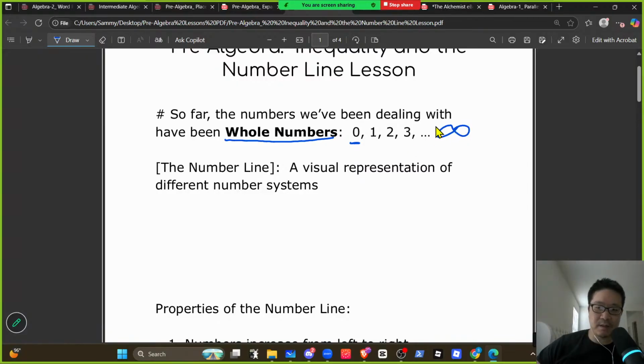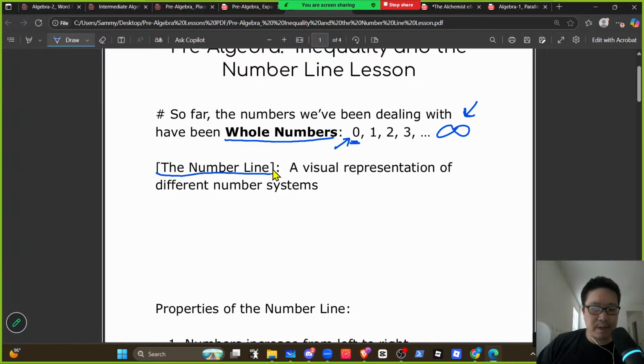You know what this symbol means? Infinity. Yeah, it means it goes forever. It doesn't stop. It's not exactly a number, it's more of an idea or a concept. But that's what whole numbers are.